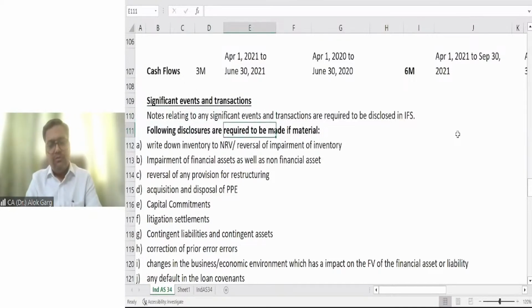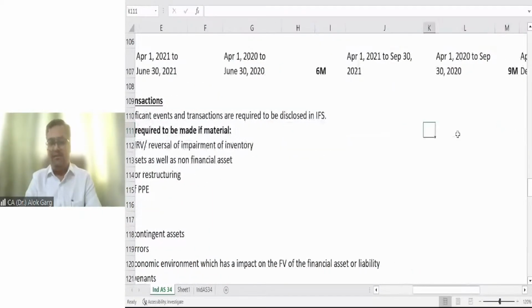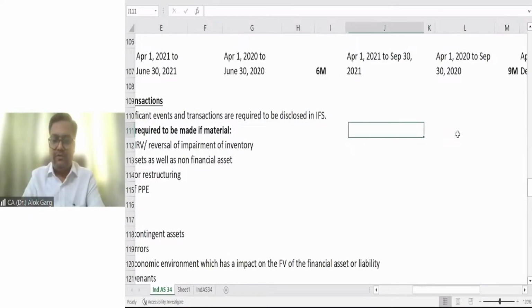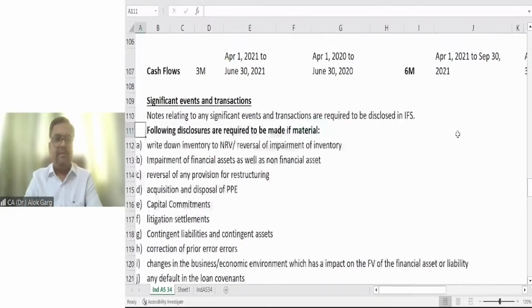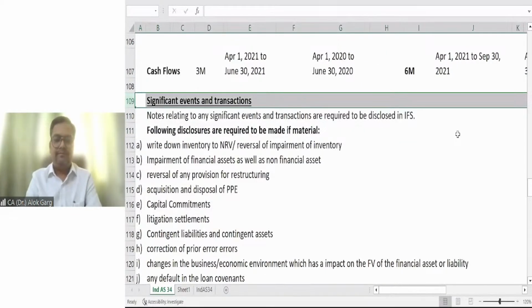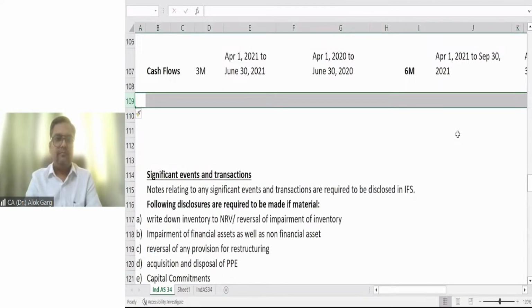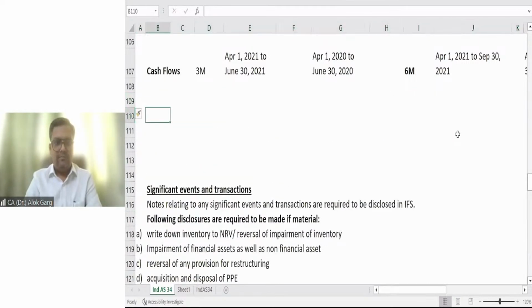Number two, notes which have to be presented if material. So following disclosures are required to be made if material. Please write down, there are two kind of notes. So let me write it. Notes to accounts.